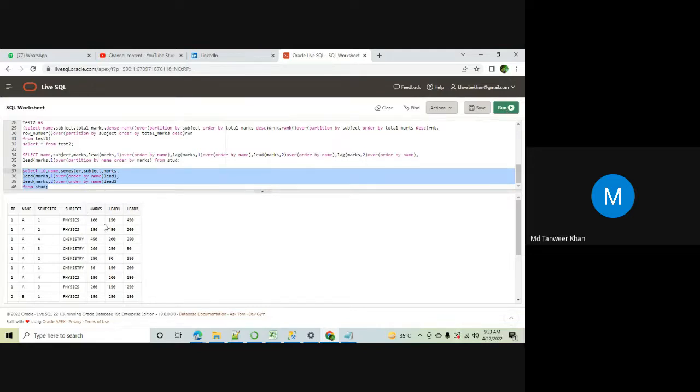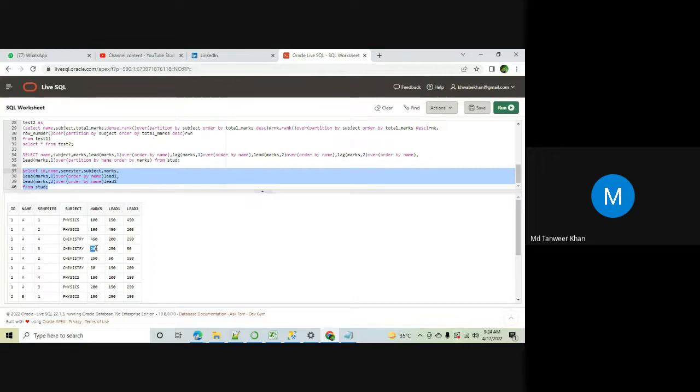Okay, so now if you see in lead 1 and lead 2, what is the difference? In the lead 1 column, this marks has been shifted by one place, right? 450 shifted one place ahead or above. But in lead 2, it is shifted two places. You see 450 is shifted two places and it came here.